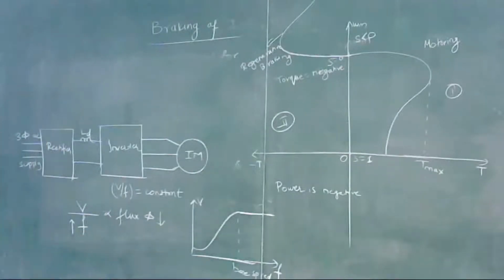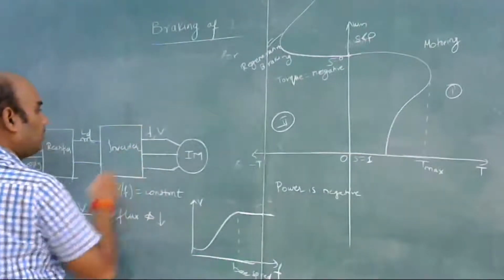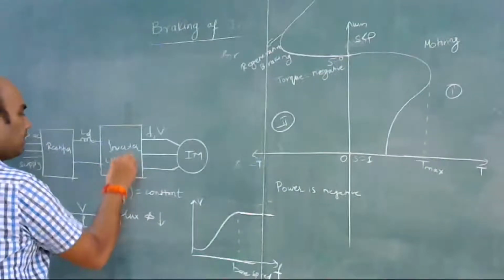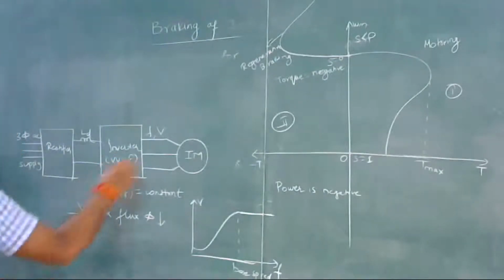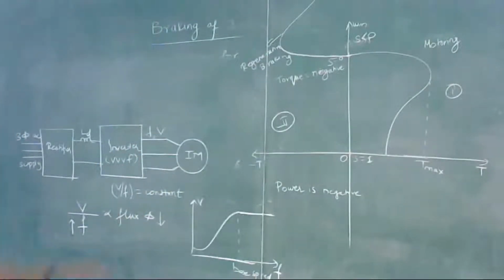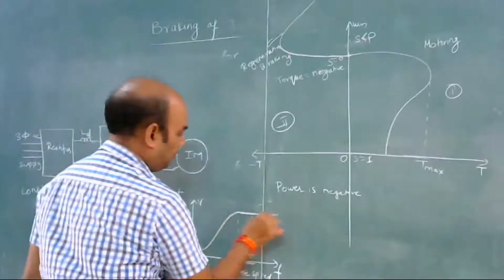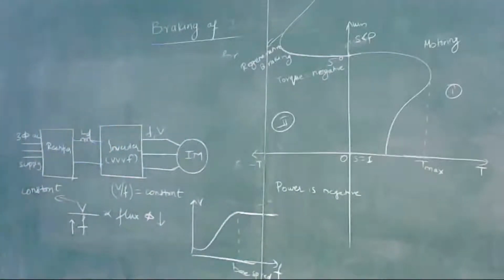So by giving variable frequency and variable voltage, the commands to this induction machine are variable voltage and variable frequency, and here frequency is increased and voltage is kept constant. So this will give the field weakening zone, and speed will increase.